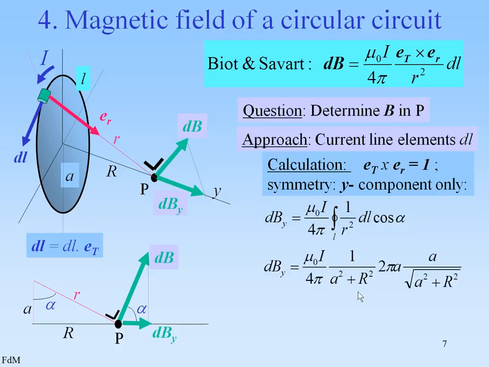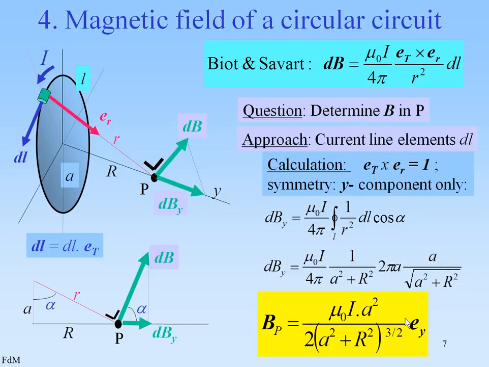Here we have the expression for r squared, that is a squared plus capital R squared, where capital R is the distance here, and a is the radius of the circle. 2πa is the integral over dl, the circumference, and a over the square root of a squared plus r squared is the cosine.